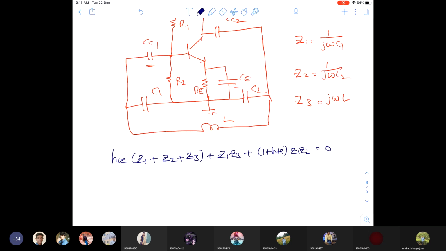Make the imaginary part equal to 0, you will get the frequency. Make the real part equal to 0, you will get the condition for sustained oscillations. Same procedure. Simple derivation. The only thing is you have to remember this equation. You substitute Z1, Z2, Z3, and separate imaginary and real parts. That's it.